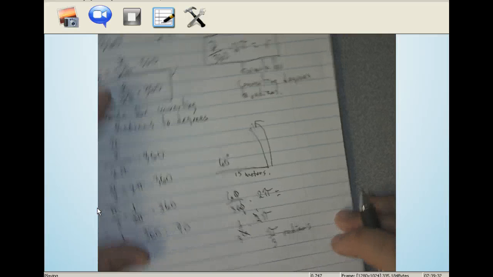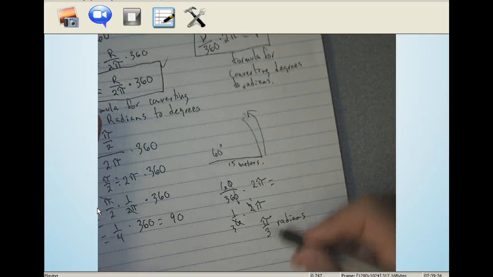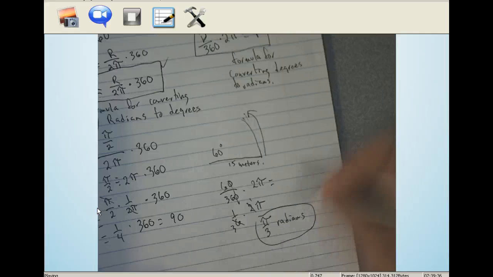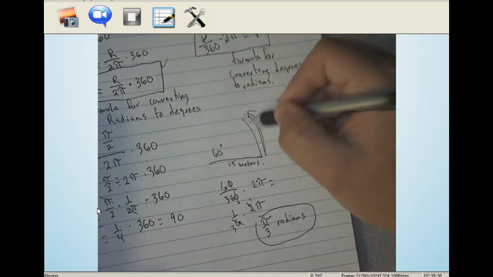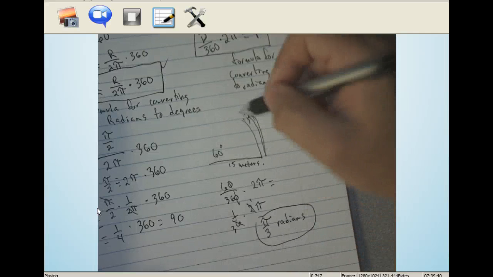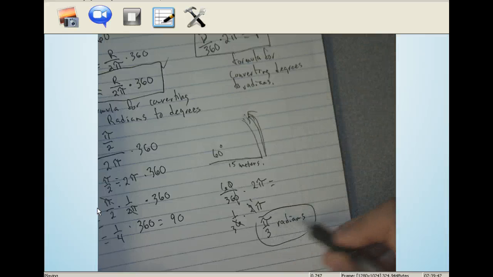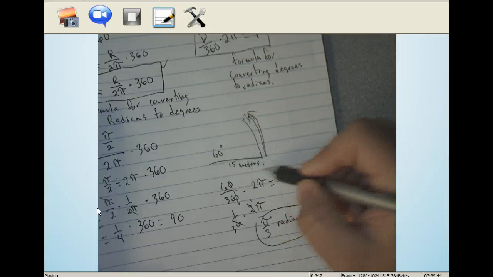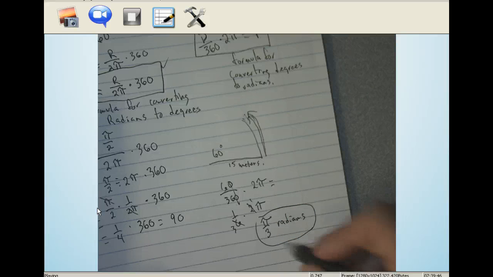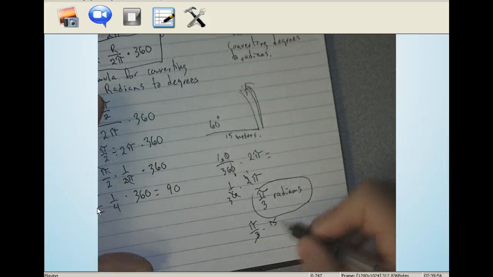Okay. And so that's how many radians I have in that rope, or garden hose, or whatever we're going to lay out here. It's going to be pi over 3 radians, but we have to scale it out for a 15-meter circle, so we go pi over 3 times 15. Now we're actually doing meters, so this would cancel and this would cancel.